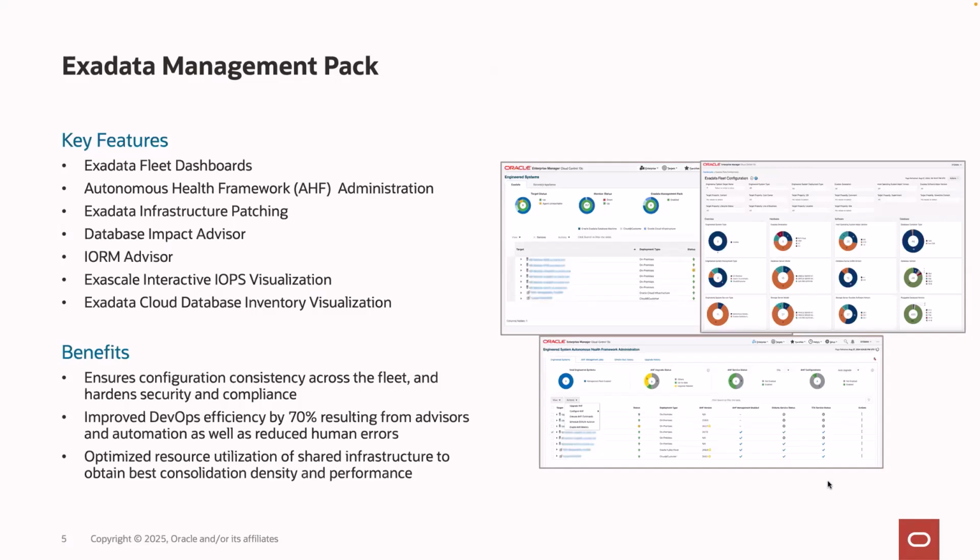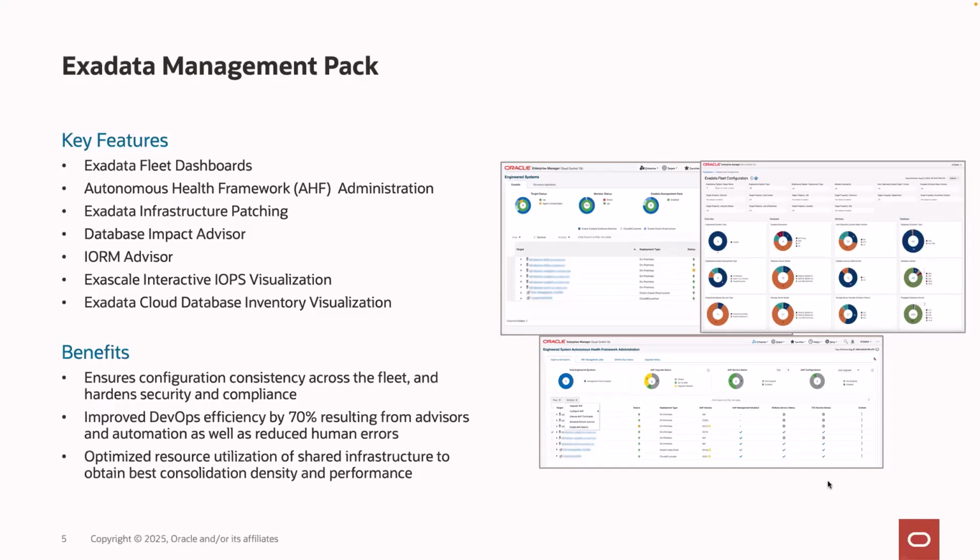And we have some other minor features with Exascale, interactive IOPS visualization, and Exadata Cloud Database Inventory visualization. By using the pack, we ensure that the configuration can be consistent across the fleet, hardening the security and compliance in your environment also.